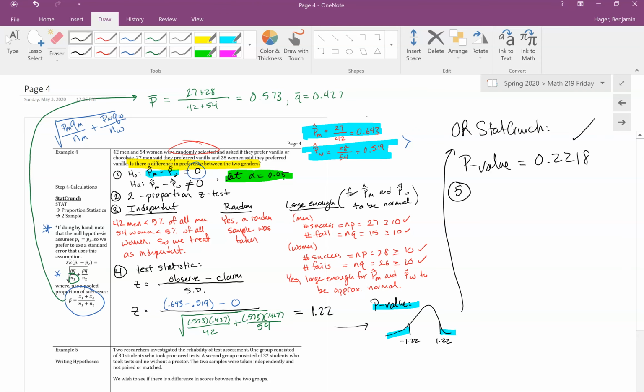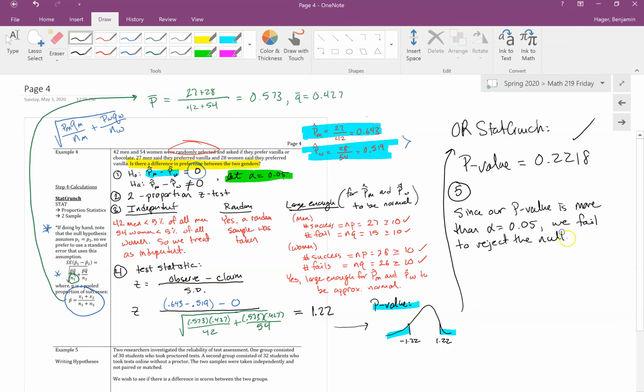So we do not get rid of it. We stick with the status quo for now. Since our p-value is more than alpha equals 0.05, we do not reject the null. We would say we fail to reject the null.